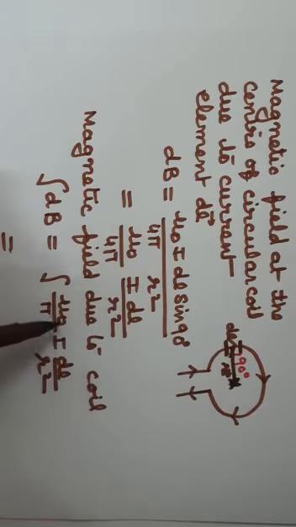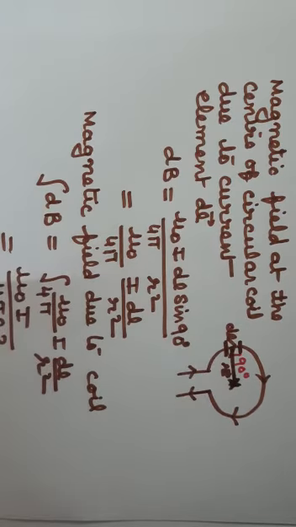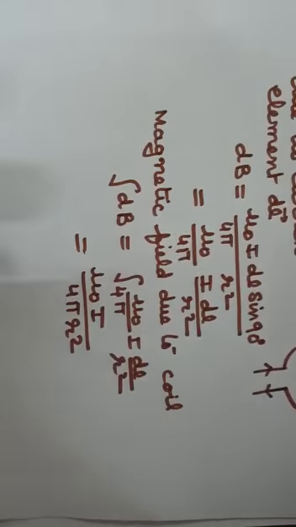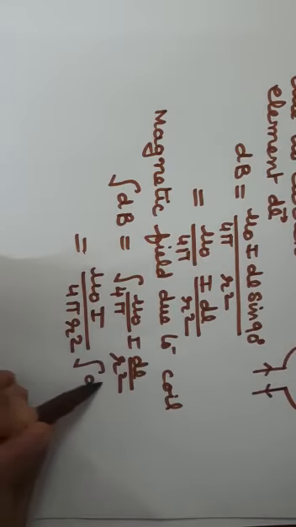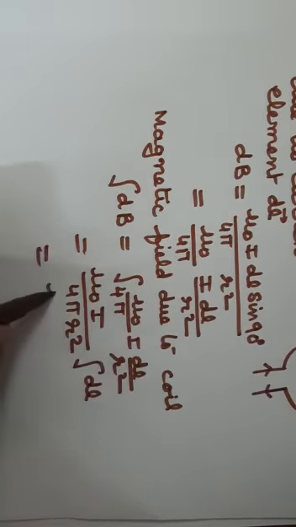Okay, mu naught upon 4 pi, I and r square, these are all constant here. So mu naught I upon 4 pi r square, and integration of dl.